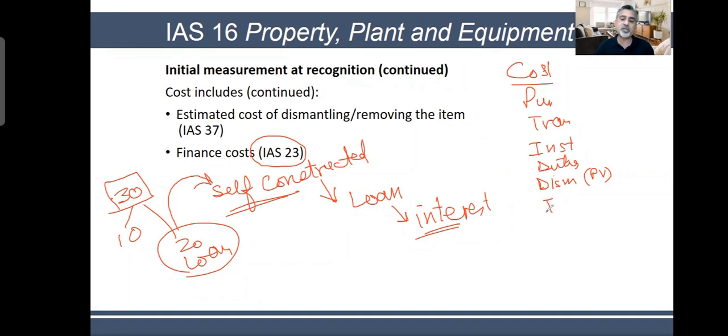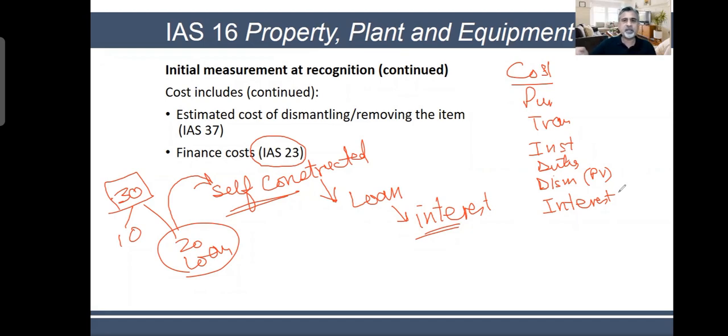So interest cost will also be added. Now, remember, you may pay interest cost on acquired assets, but that you will not capitalize. For example, if I go to a bank and I purchase a house on mortgage, or I purchase a vehicle on mortgage, it is not a self-constructed asset.